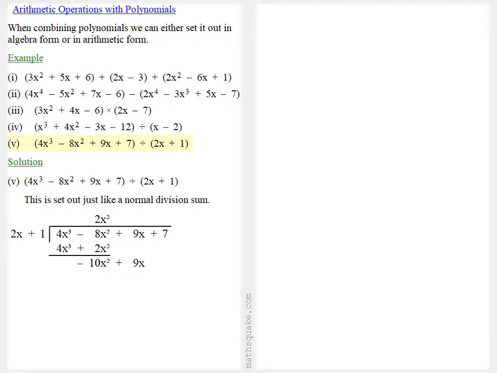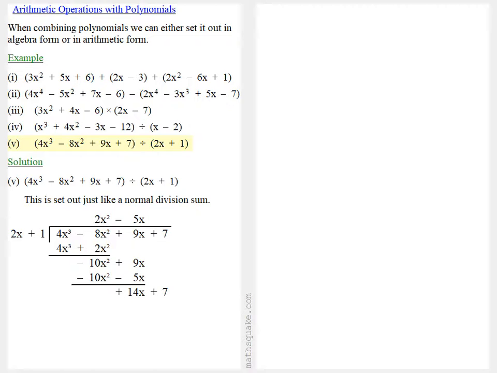We now repeat the process. We divide minus 10x squared by 2x, and that gives us minus 5x. We then multiply the minus 5x with the 2x plus 1, and that gives us minus 10x squared and minus 5x. We then subtract. And 9x take away minus 5x is plus 14x.